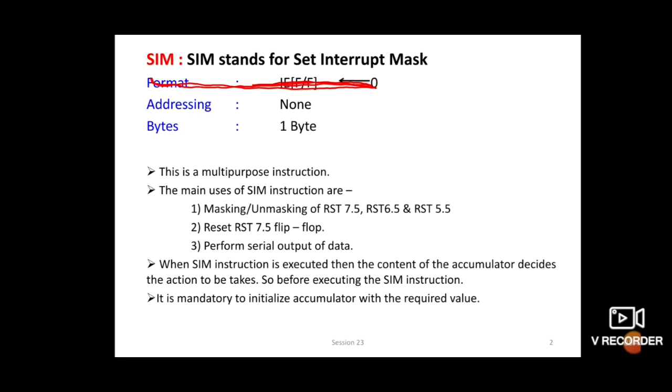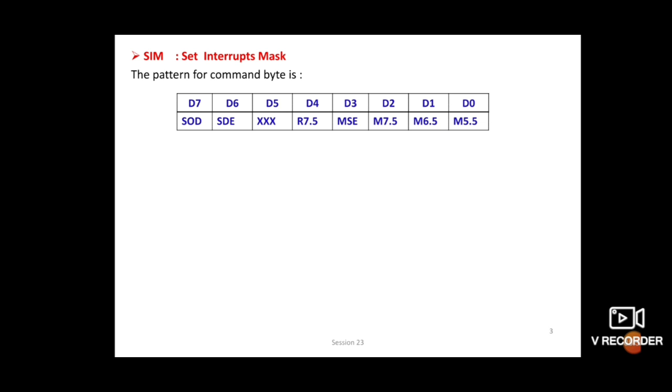Now see the pattern of this SIM instruction. This is D0 to D7, the bit status. At D0 M5.5, at D1 M6.5, D2 M7.5, D3 MSE, D4 R7.5, D5 XX means don't care, either 1 or 0, D6 SDE, and D7 SOD.